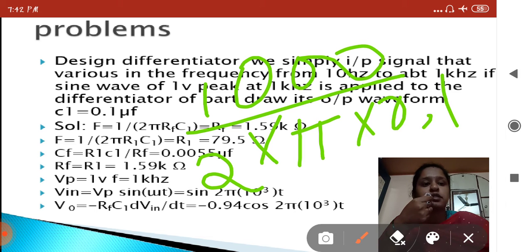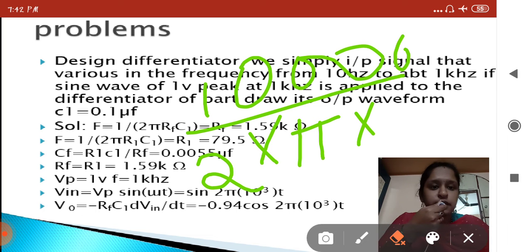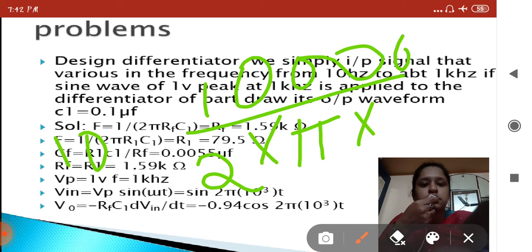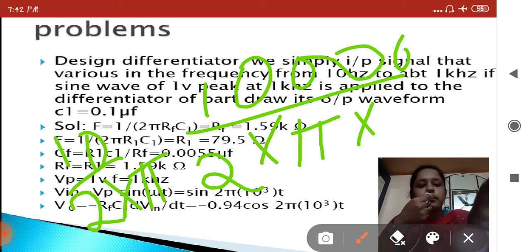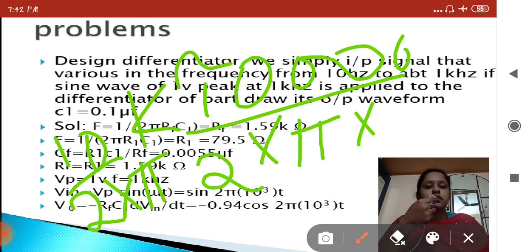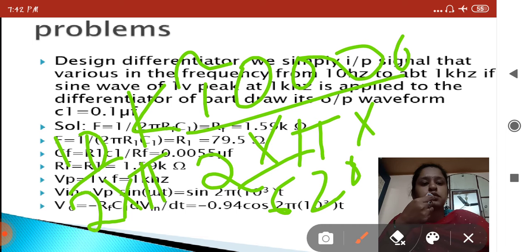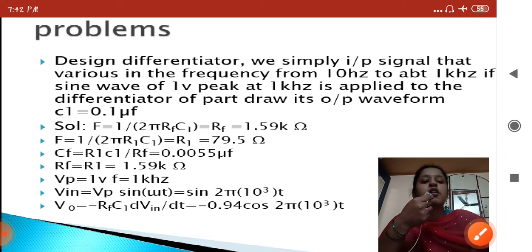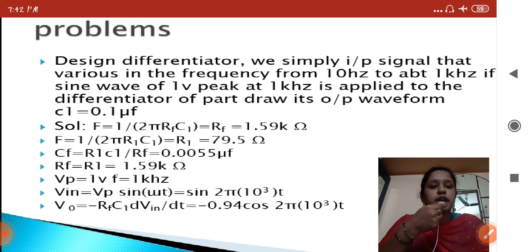So it is 10,000 divided by 2 pi, which is 10 divided by 6.28 in kilo. Around 10 divided by 6.28 you get 1.59 kilo ohms.